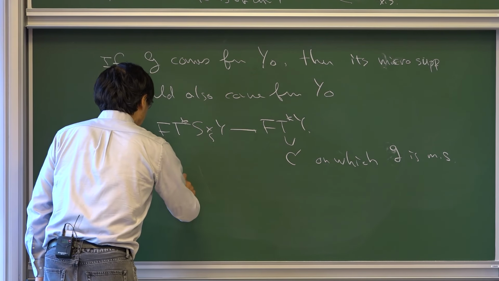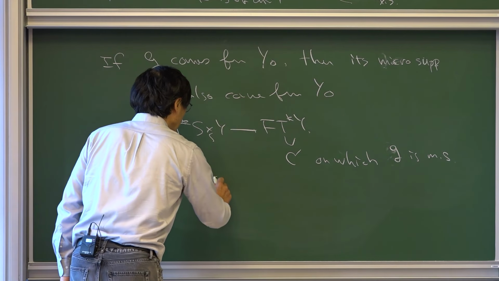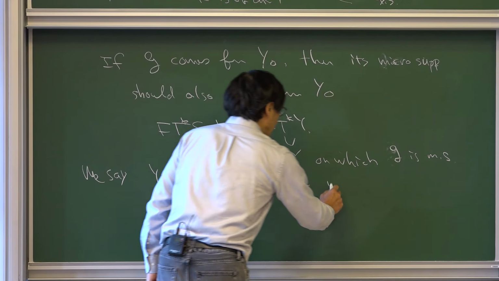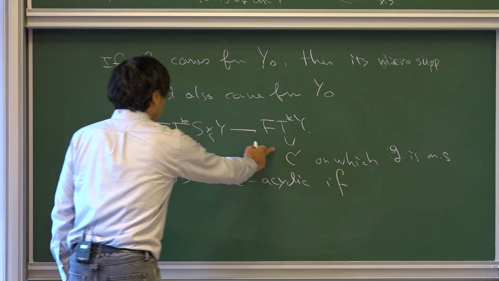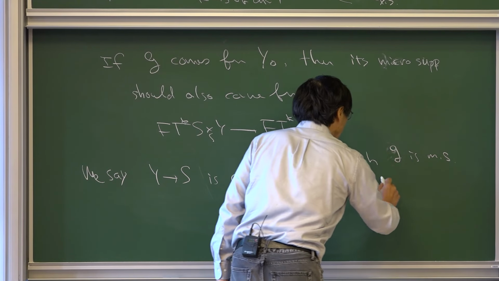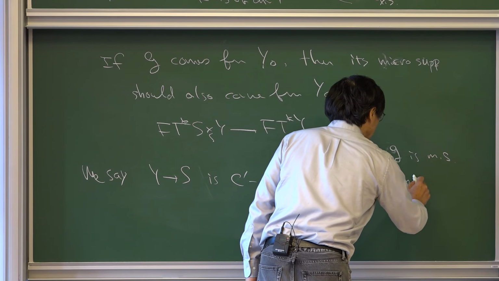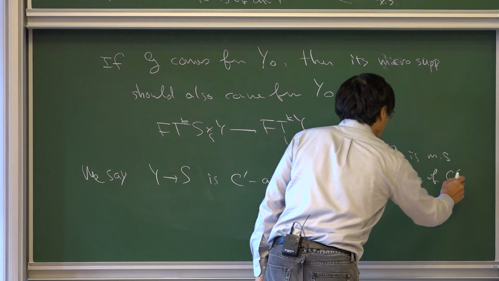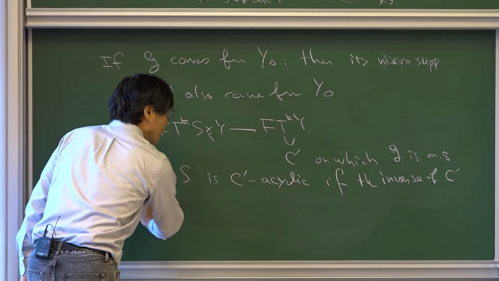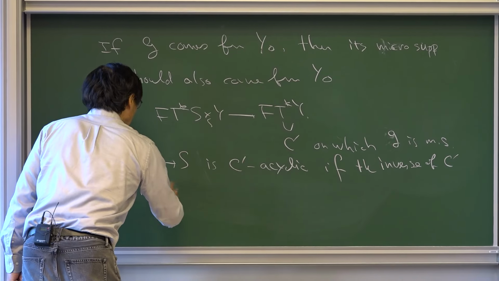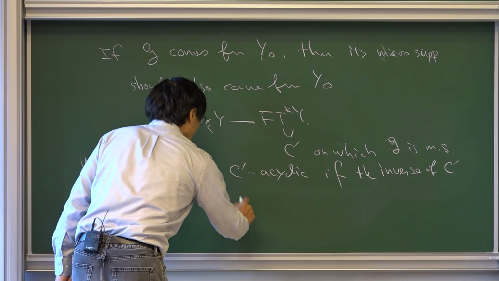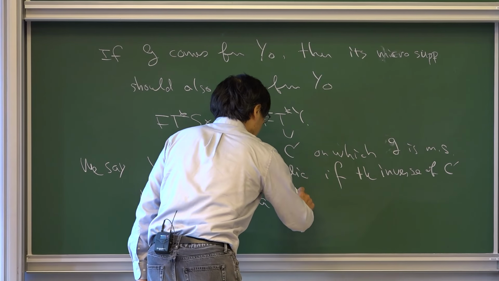So this Y to S is C prime acyclic if the inverse image of C prime in this pullback is a subset of the zero section.